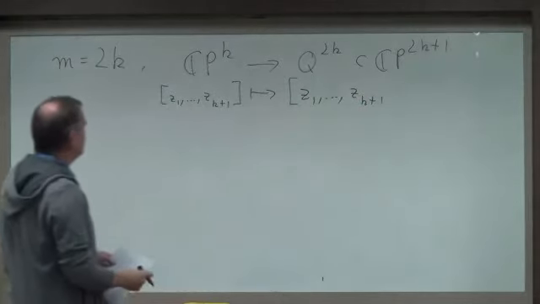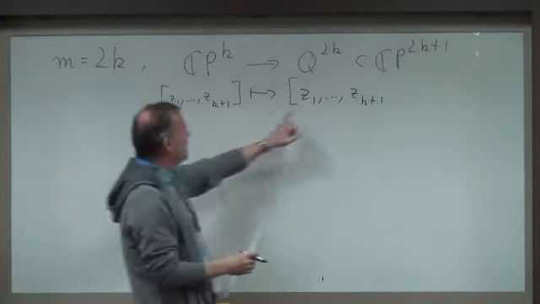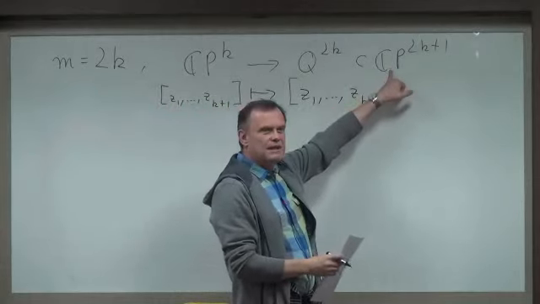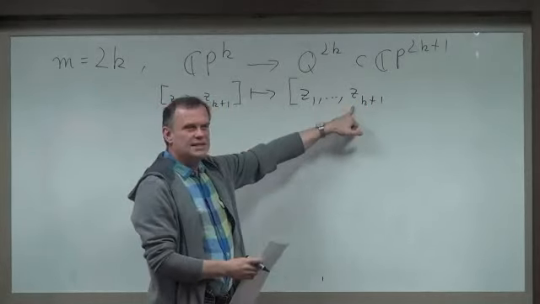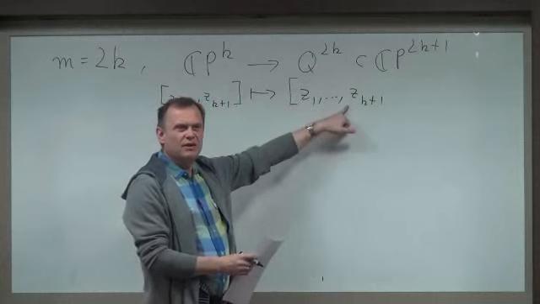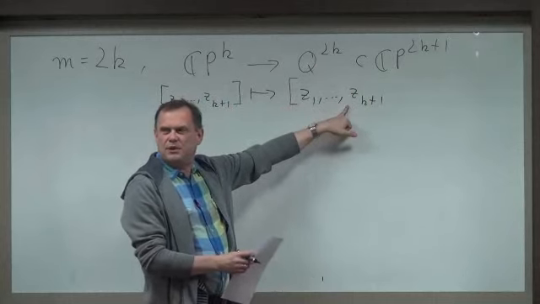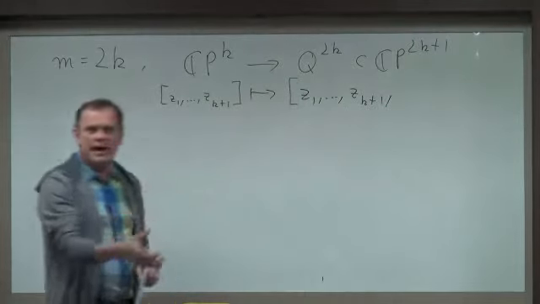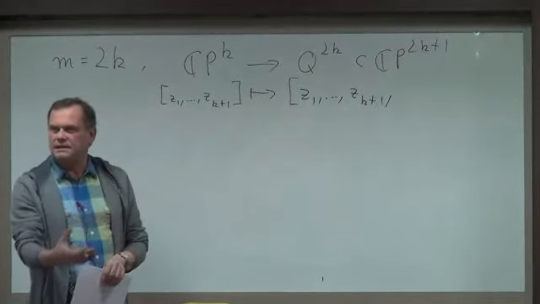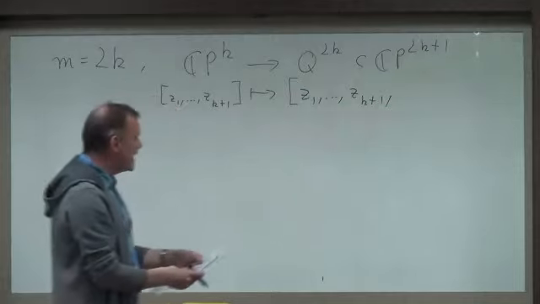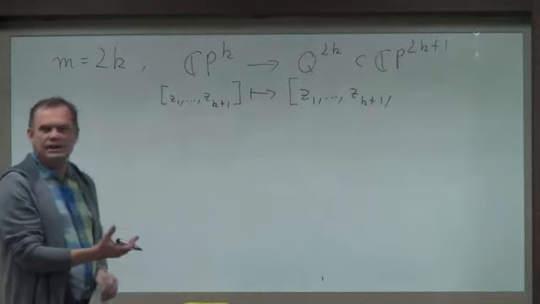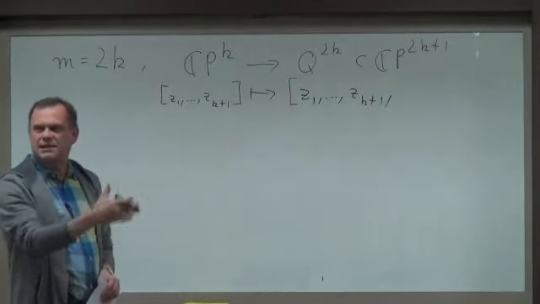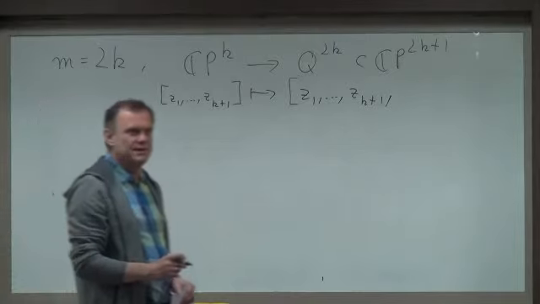Of course, this would be fine putting in CP2k plus 1, but you see the squares of this are not equal to 0. So this image will not be in the quadric. So now I have to add something so that when we square, we get something that's equal to 0. And how do we get this? We multiply each coordinate with i, because i squared is equal to -1, and then everything goes to 0.